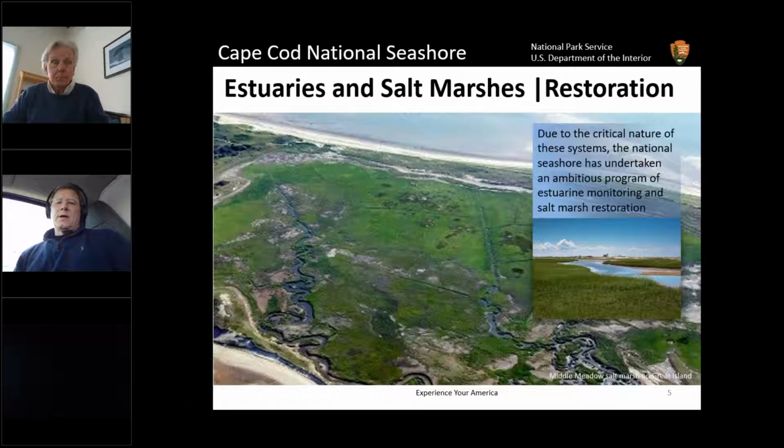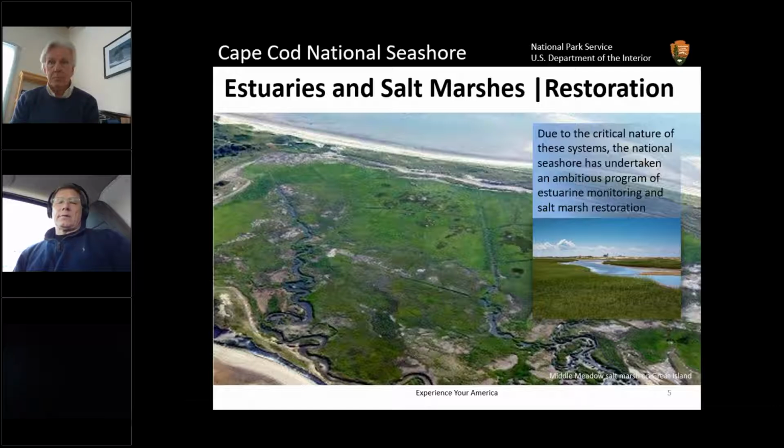And we have a number of salt marshes and estuaries throughout the seashore that are of note that we monitor very closely. We were one of the pilot programs for the inventory and monitoring effort across the entire Park Service, and many of the techniques that are utilized for estuary monitoring were developed at Cape Cod National Seashore. We will watch these closely.